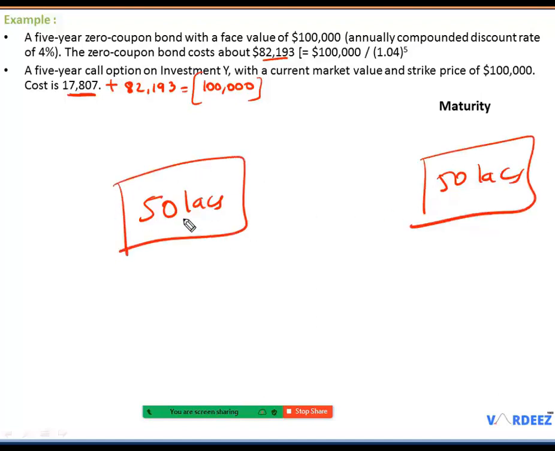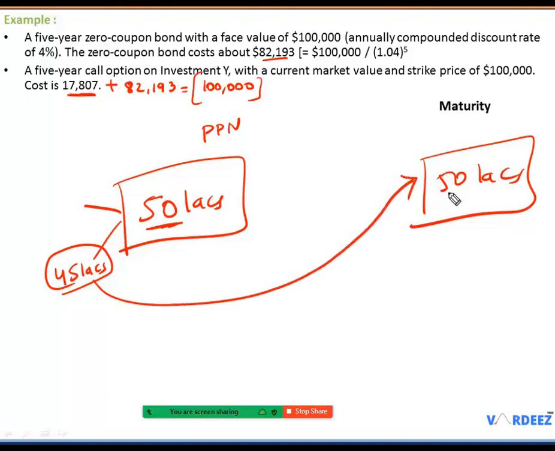So what essentially we are doing in a PPN is taking some money out of this. Let's say we bifurcate it: you invest 45 lakhs in a zero coupon bond, and eventually you'll reach your goal of 50 lakhs. But the 5 lakhs that you have now, you invest in a call option.